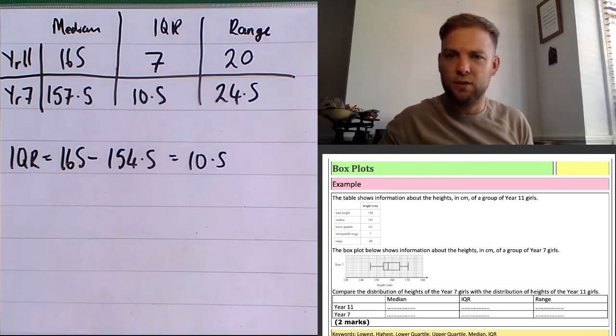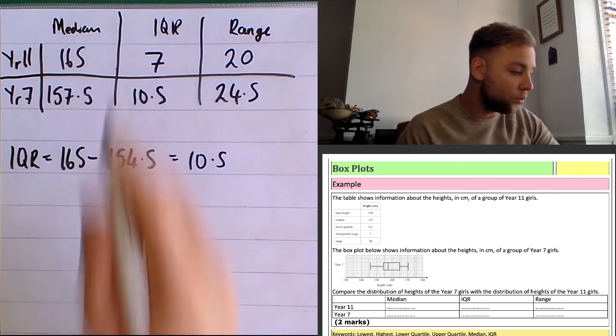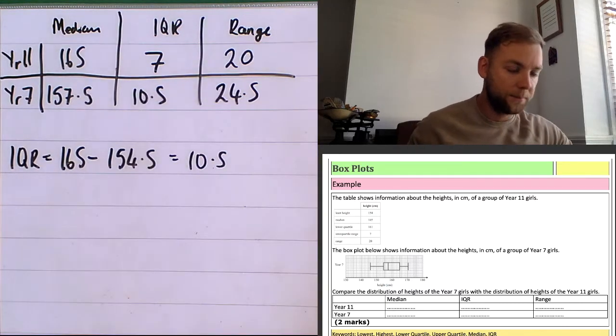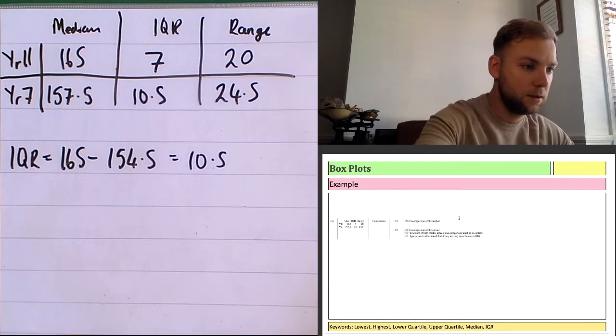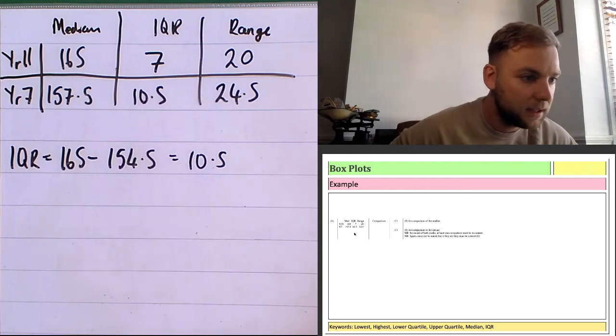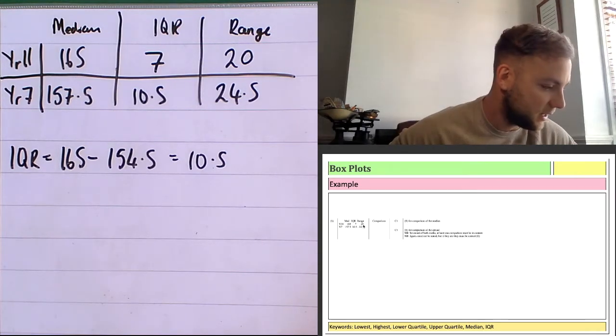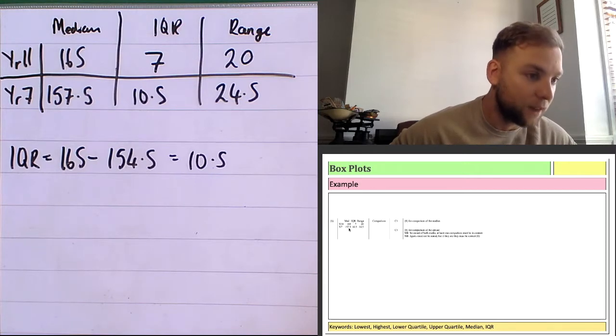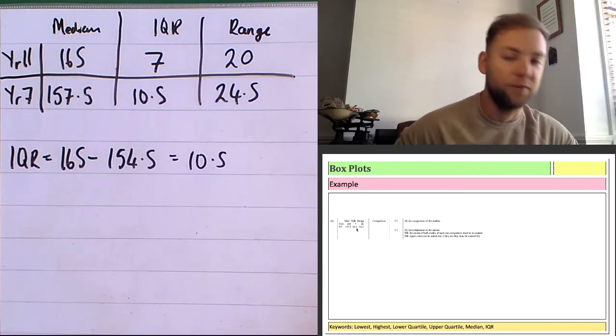It's tricky there because you've got some of the parts inside it. These are all in centimetres. Let's just check that answer. Can't see it very well there. 165, 7, 20. Yeah, good. 157.5. Yes. 10.5, brilliant. And 24.5, brilliant.